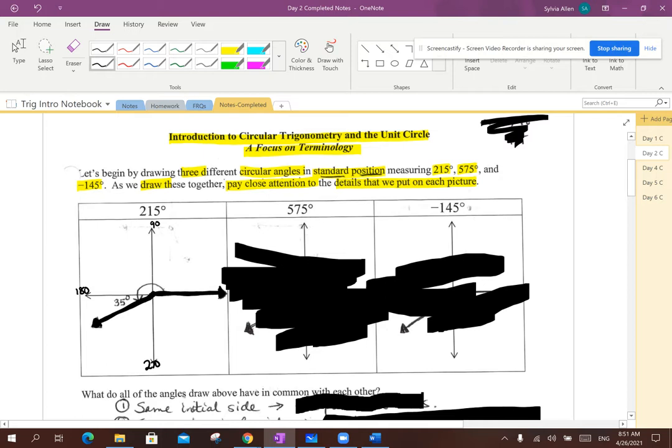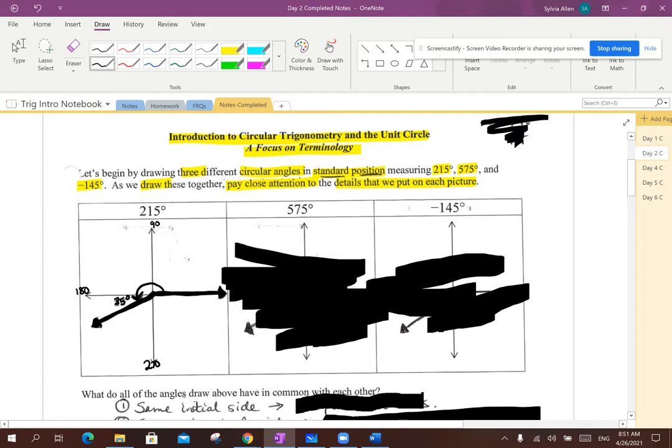And we always have to make sure we draw from the original ray and put an arrow indicating the direction that we're going. And then we can put a little bit of extra information in terms of from the 180 degree mark, it is 35 degrees further. All right, so that's how you're going to draw a 215 degree angle or any other angle. You make sure that you have those components.